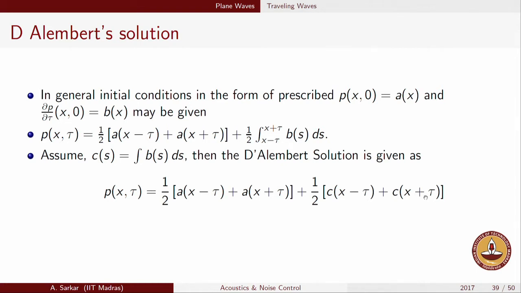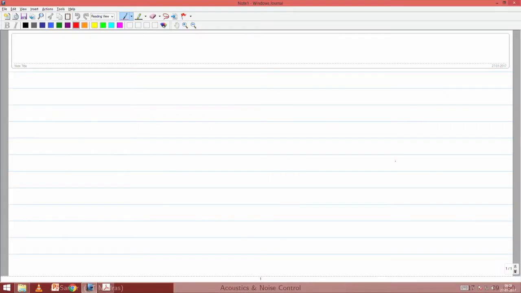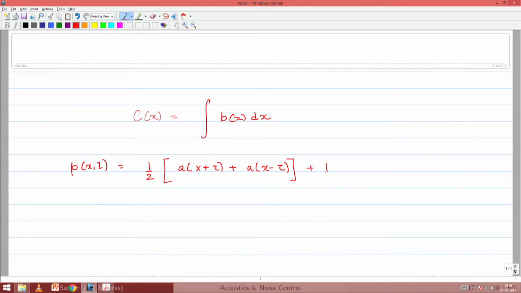So, I will just write this once more in my notepad here. So, c of x, if it is defined as the indefinite integral of b x dx, then p of x comma tau, the total solution, which was derived as half of a of x plus tau plus a of x minus tau, plus half of c of x plus tau minus c of x minus tau, right.